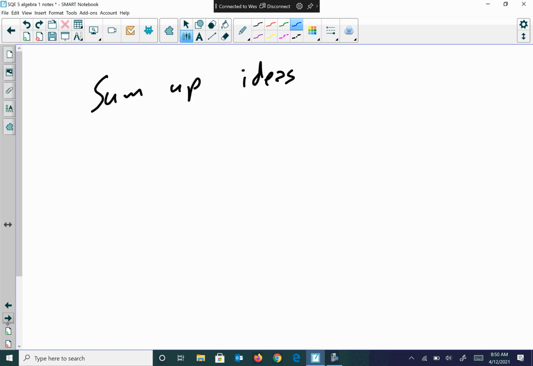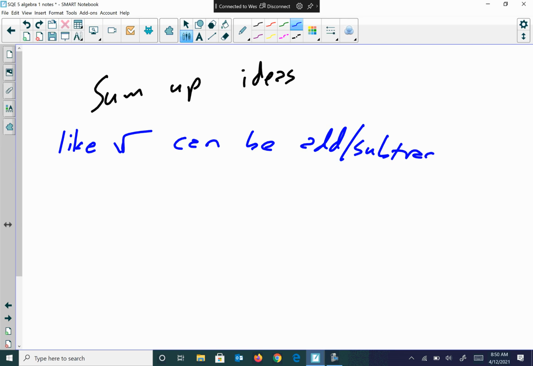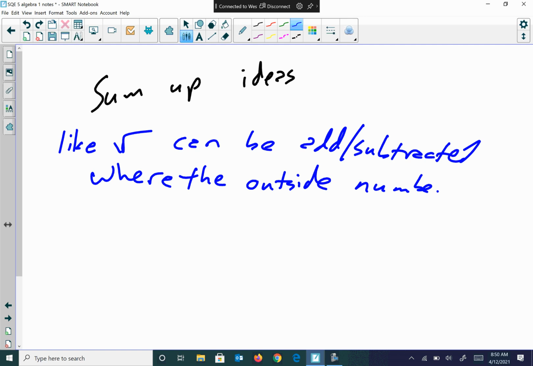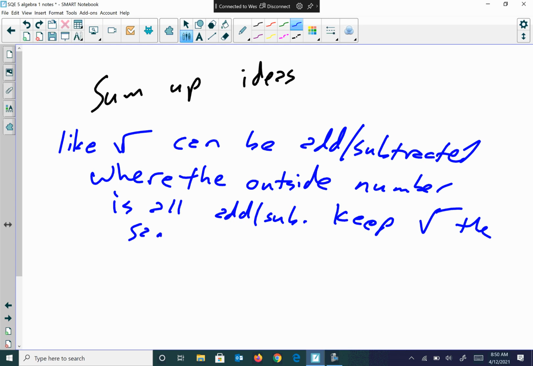So, let's kind of sum up some of the ideas. Roots can be added or subtracted where the outside number is all that we add or subtract. Keep the radical the same. Okay, that's what we just started working on, right?